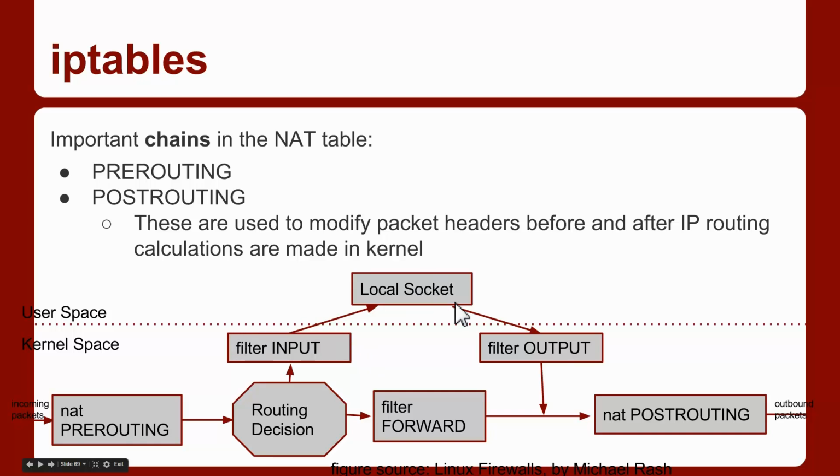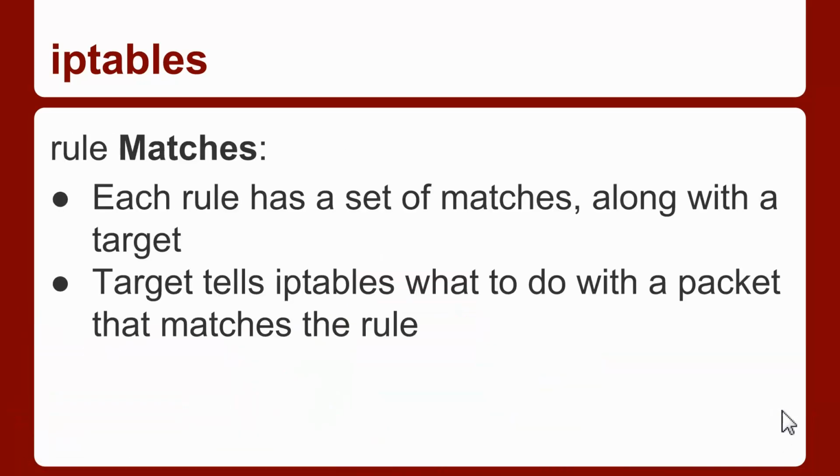The local socket may accept the connection and start talking, at which point outgoing packets go out accordingly, and they're looked at by the filter output rules. If anything matches, those rules are enacted, and so on. The NAT post-routing is enacted if there are any rules that match, and so on. It's relatively straightforward.